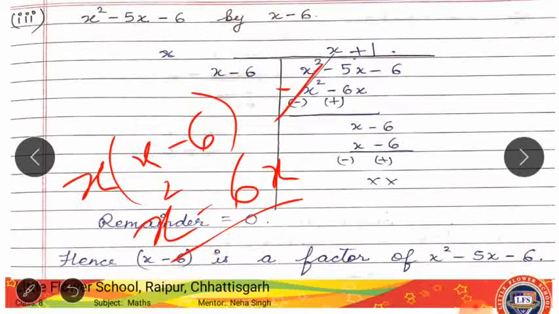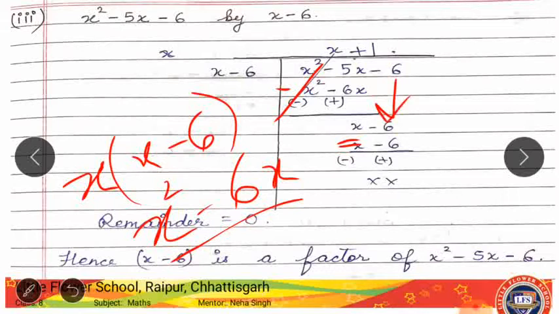Minus 5x plus 6x, minus plus is minus, we'll subtract. 6x minus 5x is x. Sign of the greater number we put, greater number is plus 6, right? So the greater number is 6, which is having plus sign, so the answer will have plus sign, that is x.